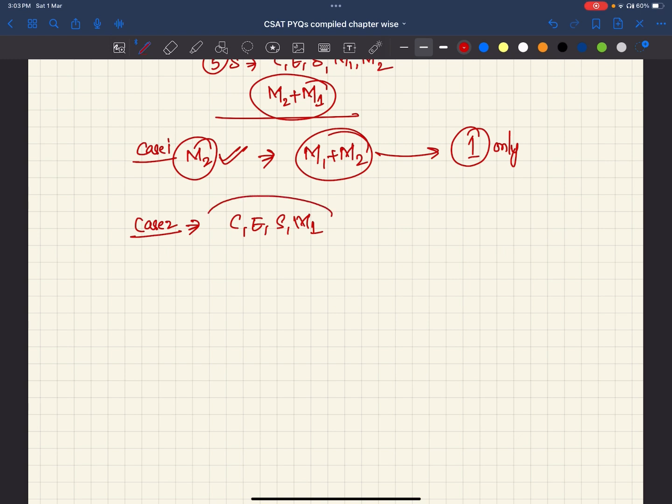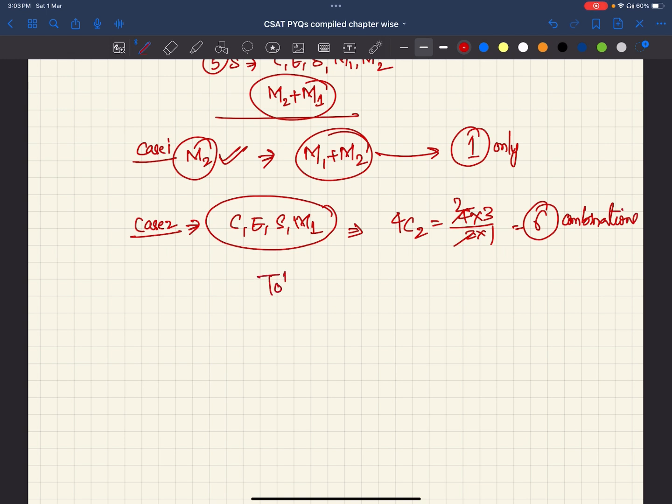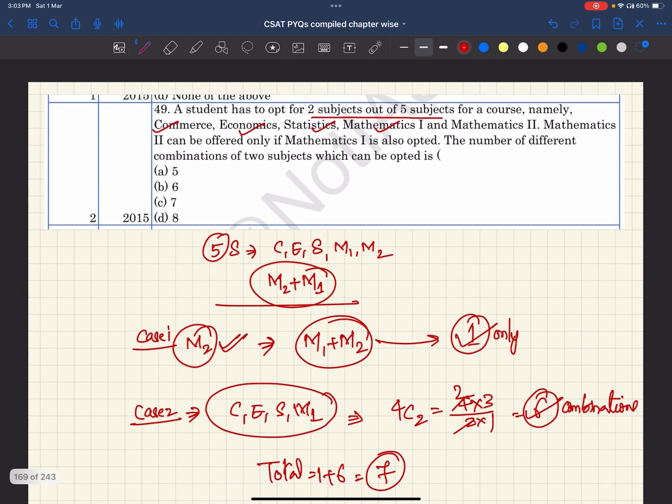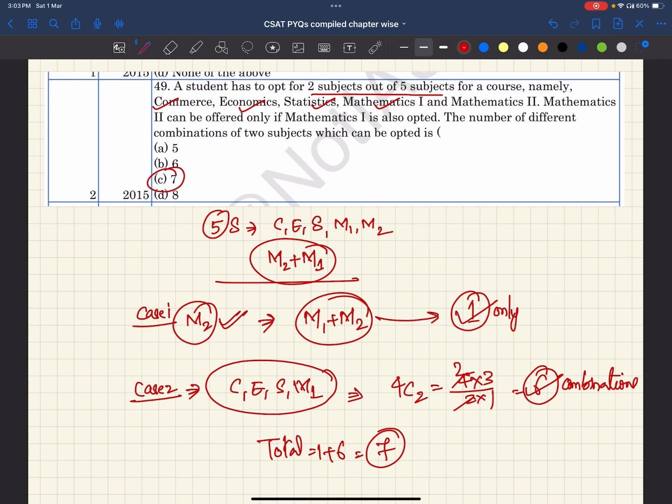Now we have to take 2 subjects out of 4. That is 4C2, that means 4 into 3 by 2 into 1, 6 combinations. So how many total combinations are possible? Here this is 1, here this is 6. So 1 plus 6, total combinations possible are 7.